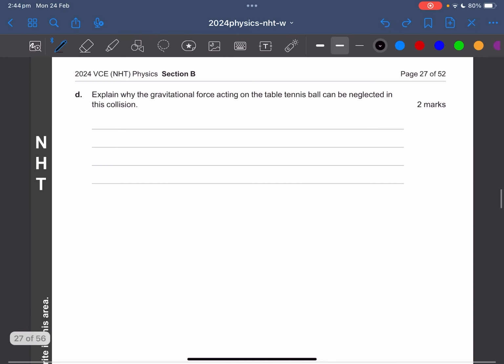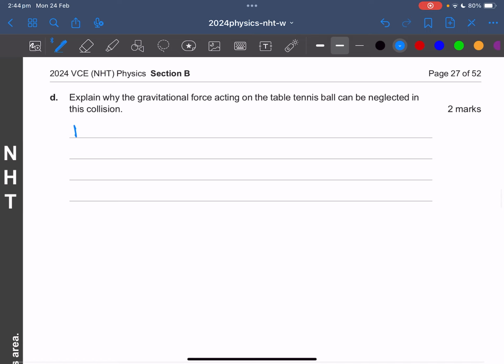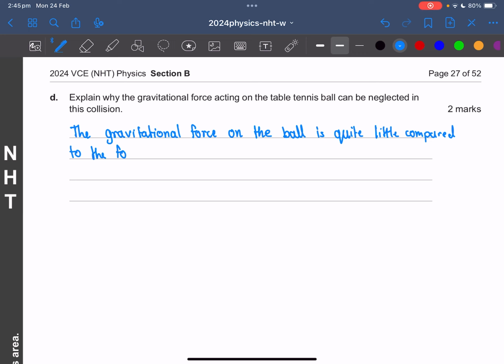Now we just have to put in the words. So we can say that the gravitational force on the ball is quite minute, or maybe I can just say quite little compared to the force exerted by the bat.